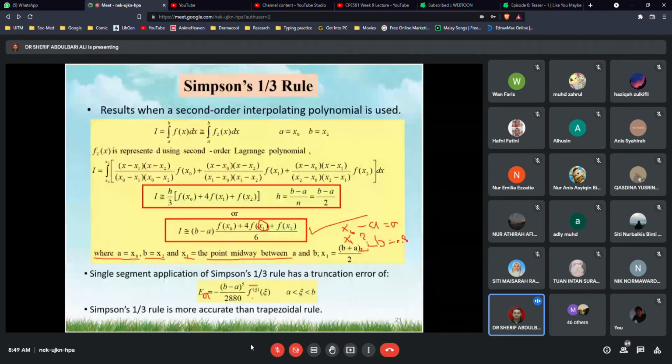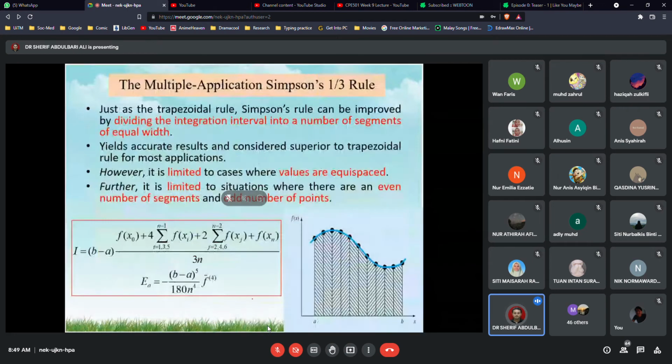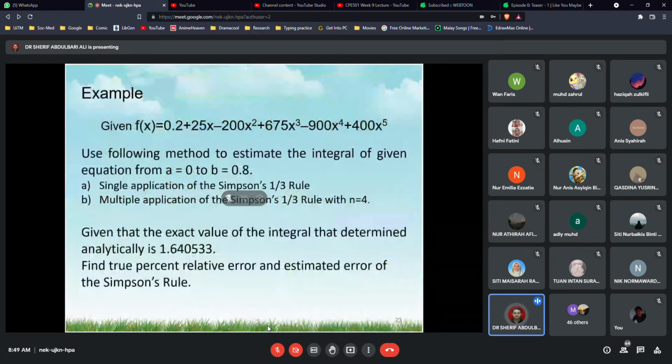Okay, so let's see how we are going to do that, because our first example here is asking, if I'm going to have this function, I need to use the following method to estimate the integral given between a equal to 0 and b equal to 0.8. So it means x0 is equal to 0 and x2 is equal to 0.8.